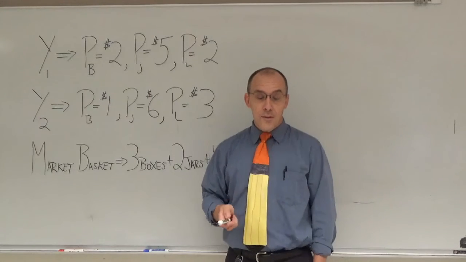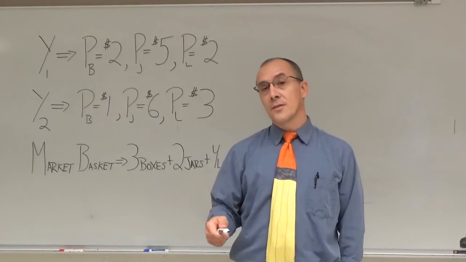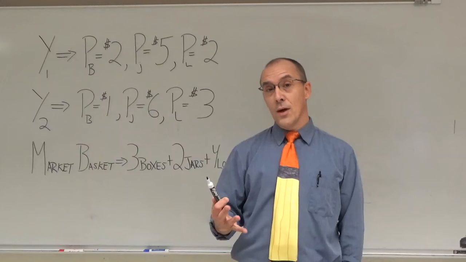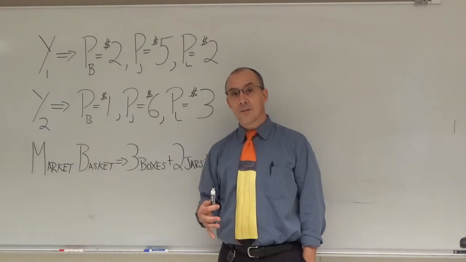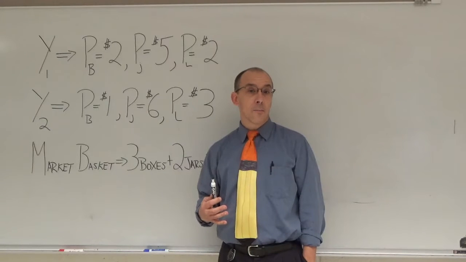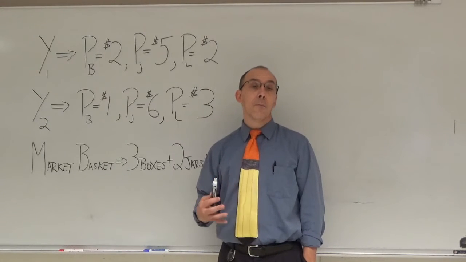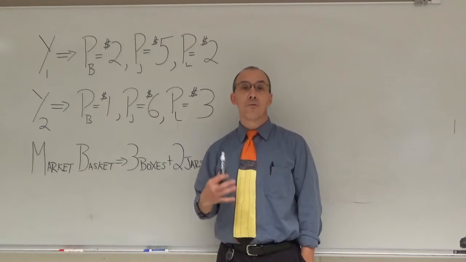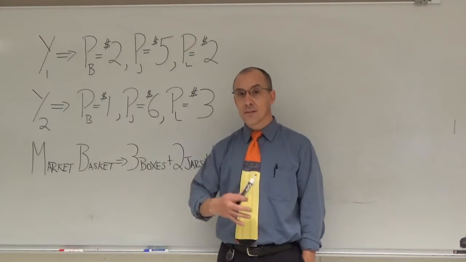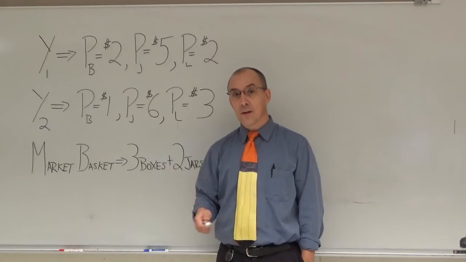Now, the key idea when thinking about inflation is all these goods have changed in different ways in terms of their price. But what we're going to be focusing on is a market basket of goods. The idea of looking at a market basket is we're trying to figure out the impact that this will have on the consumer. How does the consumer feel the net price increase in what they're buying on a regular basis?